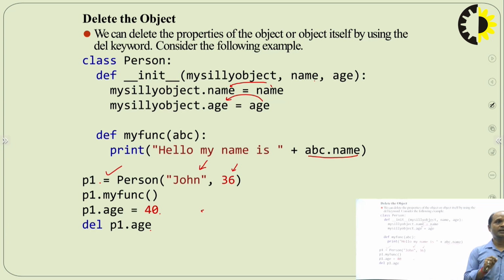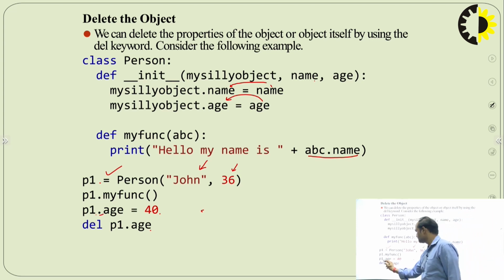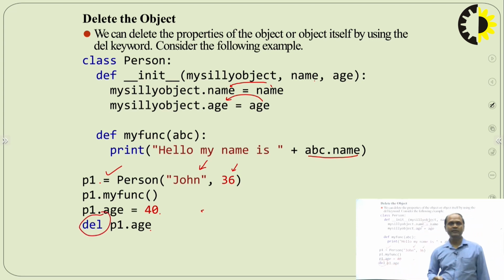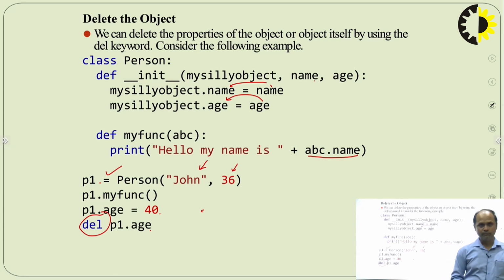So for deleting the object, we can use the keyword del. That is all, so easily we can delete the object. When my work is finished, then we can use the del keyword for particular object deletion in Python.